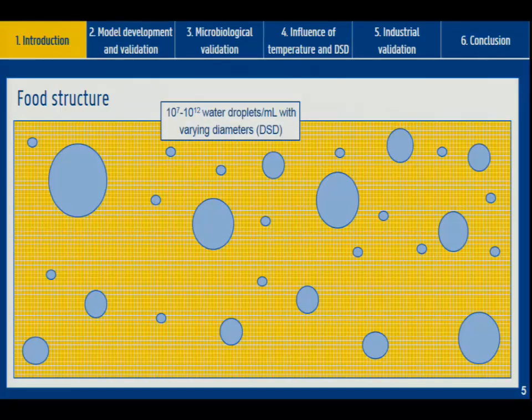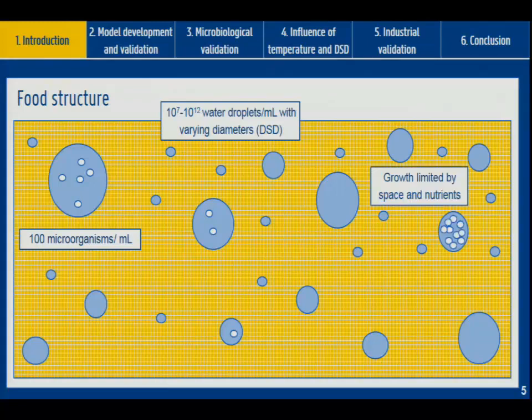And as you can see, they're different, so they have varying diameters. In these droplets, the contamination is actually rather small. So there is only around 100 microorganisms per milliliter of emulsion. Now, the growth of these microorganisms is limited by space and nutrients. So they will stay confined in one droplet.